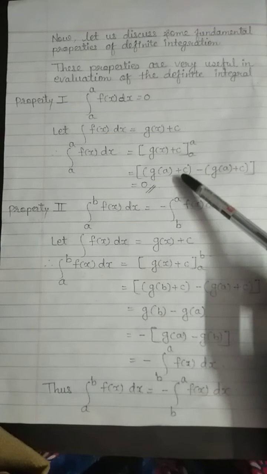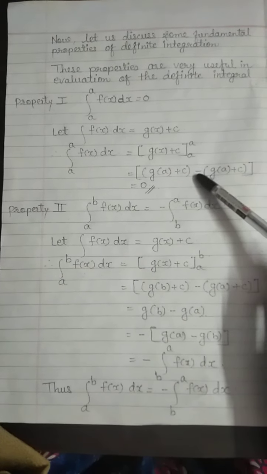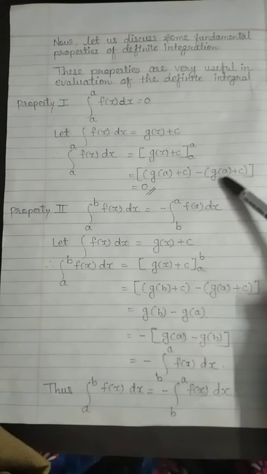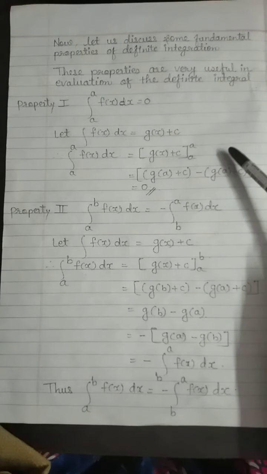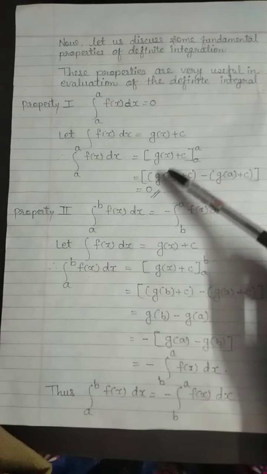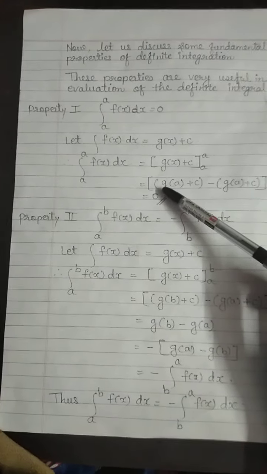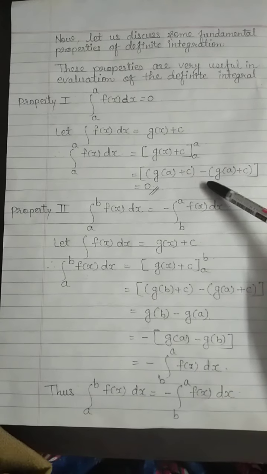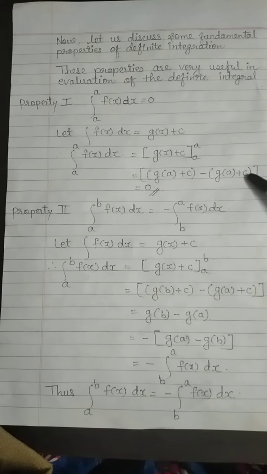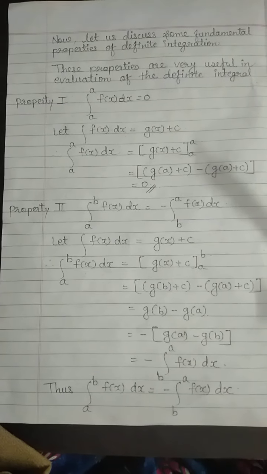Now applying the limit, first we will apply the upper limit, middle sign will be minus, and then the lower limit. But we know that both the limits are same, that is a. So in both the cases we will replace x by a. So g of a plus c minus g of a plus c. So the answer will be 0.